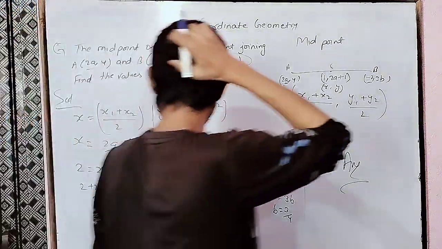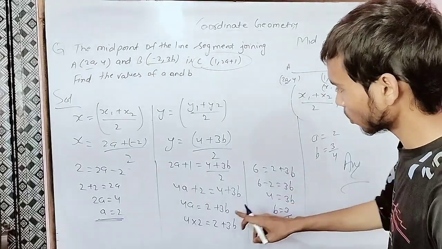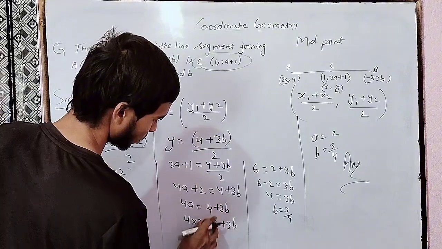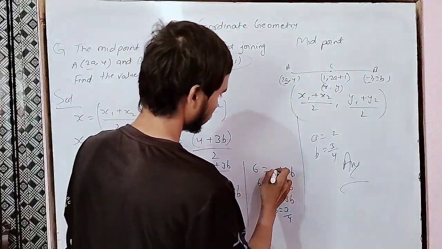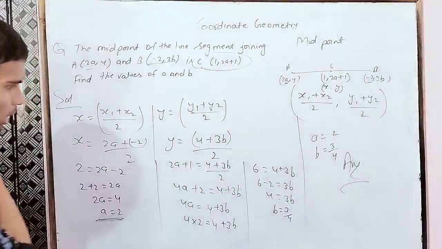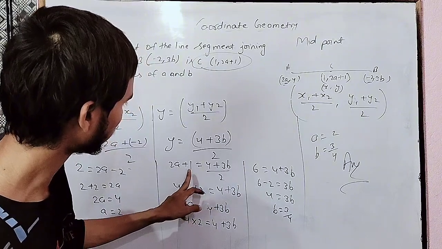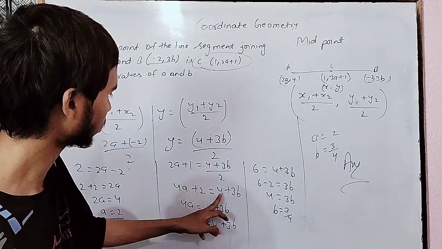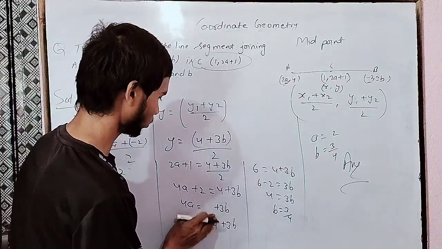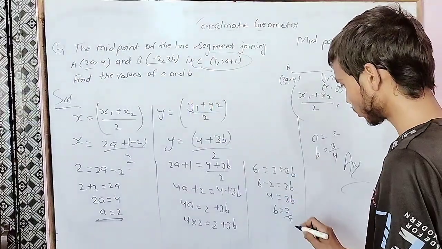Something went wrong. Where? So this is 4 and this is 4. What happened? 4a and 2, then 4 minus 2 will become 2. This was correct, and this 2 also.